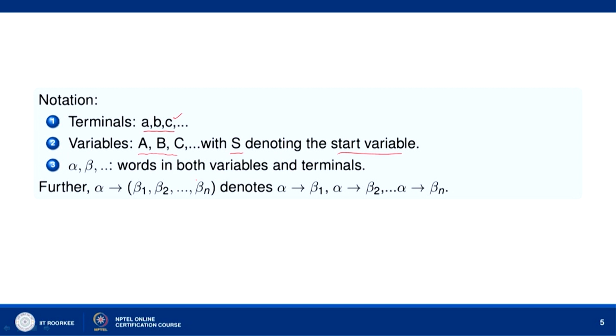Alpha, beta denote words in both variables and terminals. Now, there is a notation which we shall be using: alpha goes to beta 1, beta 2, beta n. It means that it consists of the productions alpha goes to beta 1, alpha goes to beta 2, alpha goes to beta n. So, all these can be represented in terms of a single implication, alpha goes to beta 1, beta 2, beta n. This is just for the sake of convenience.